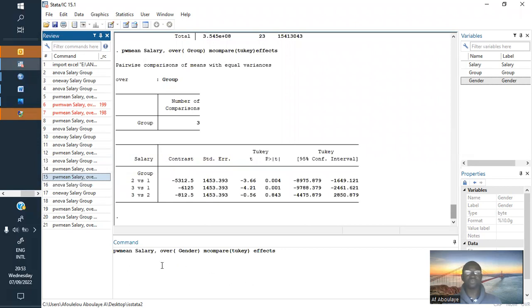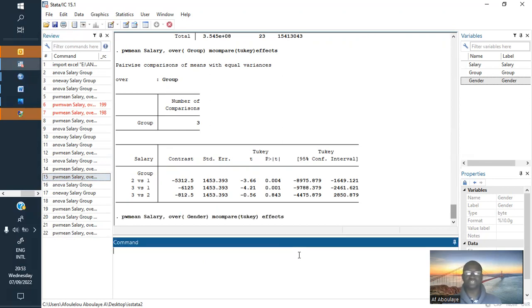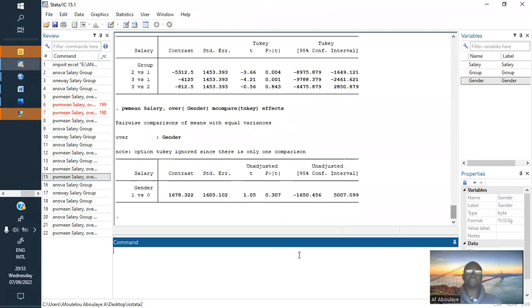Yeah, this one we just put in the same thing, only that here we will change group to gender because we want to do it with gender. Now we have this one. Can you see the p-value is greater than 5%? Then it's not significant. Then we are doing what?